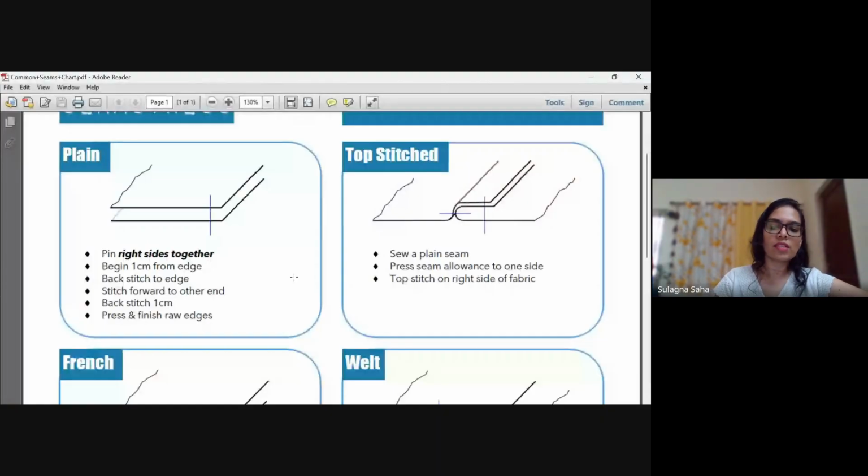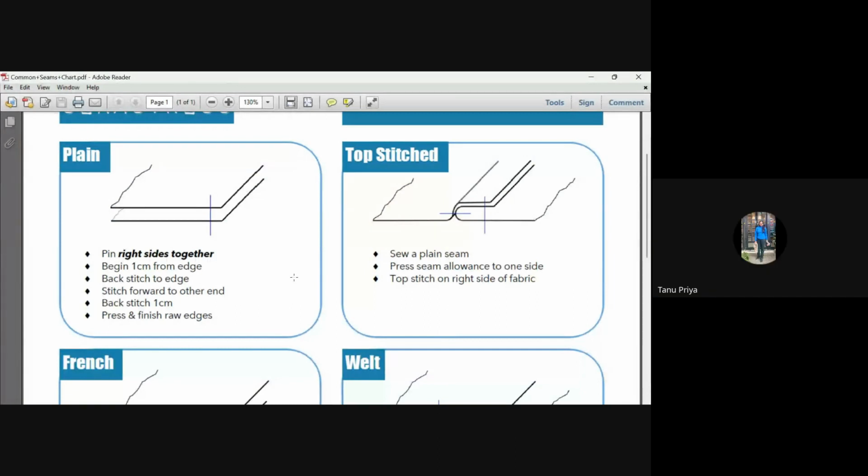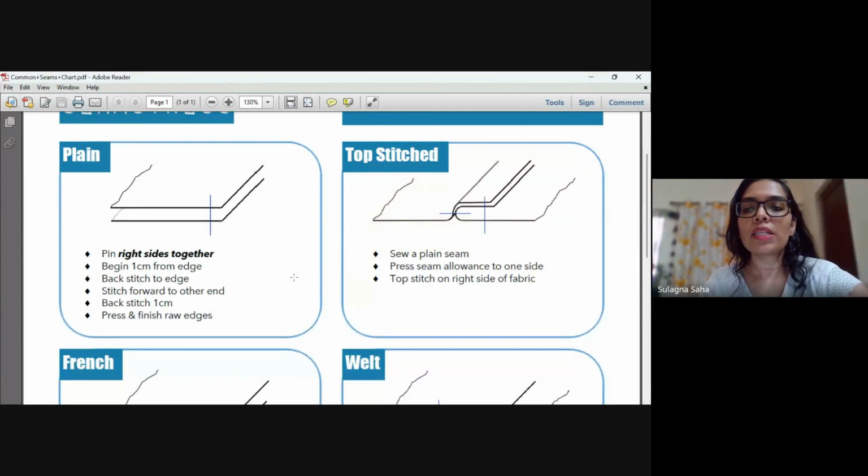Yes, ma'am. No, ma'am, you can't see the screen. Anybody who can't see the screen, please check your connection. If one can see, I'm pretty sure everybody should be able to see it. Can you see it now? Yes, ma'am.